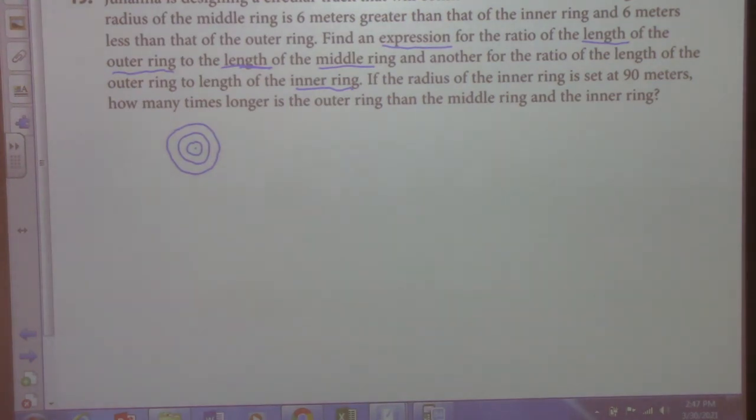So how would you make an expression for the length of the inner track in terms of r? We'll say the radius of the inner track is r.